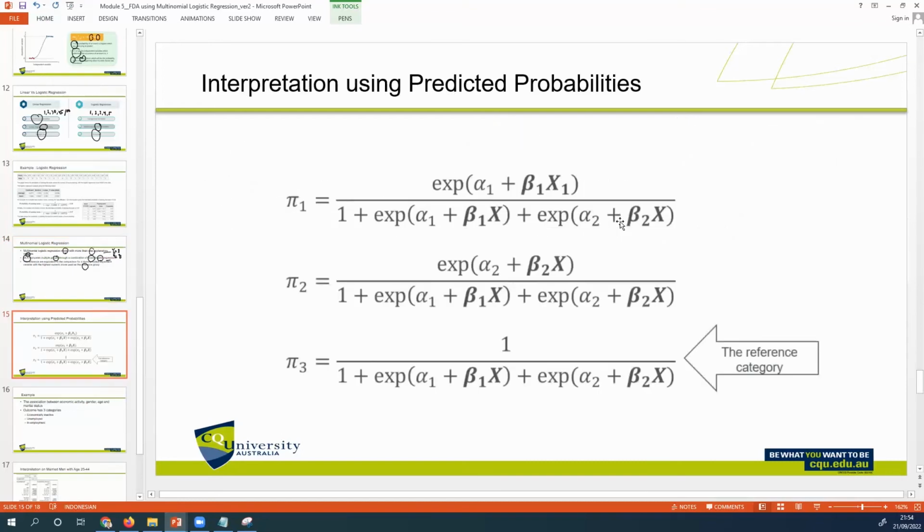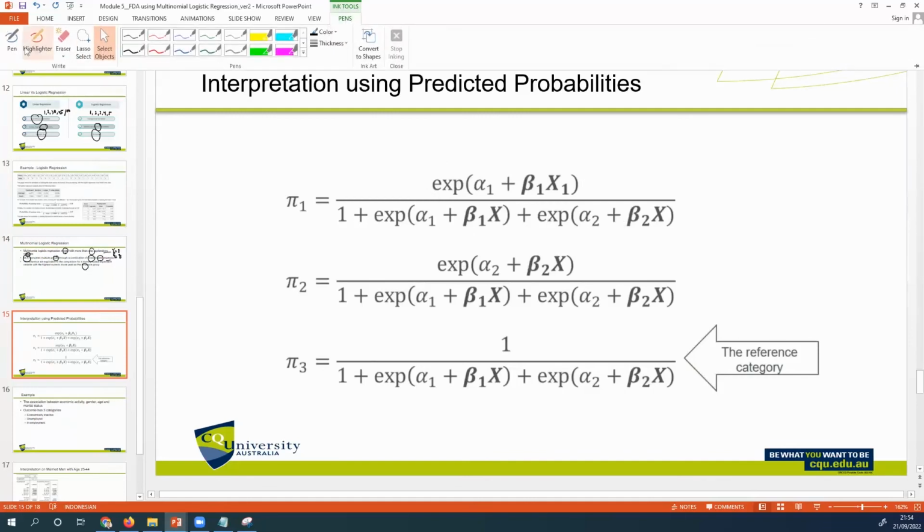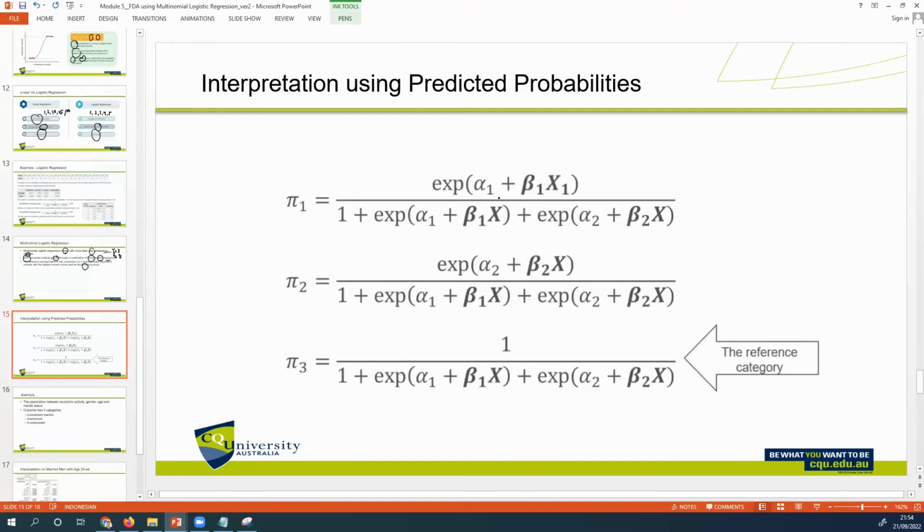So in the multinomial logistic regression, the interpretation is slightly different from the binary logistic regression.